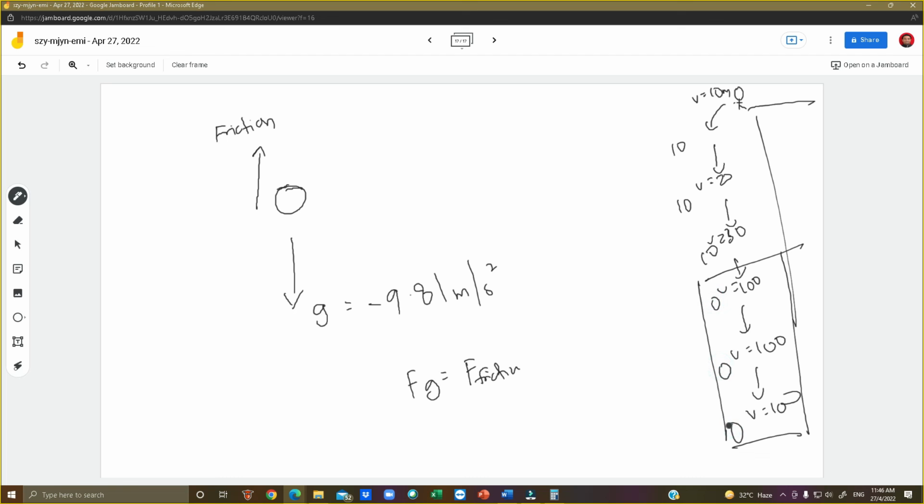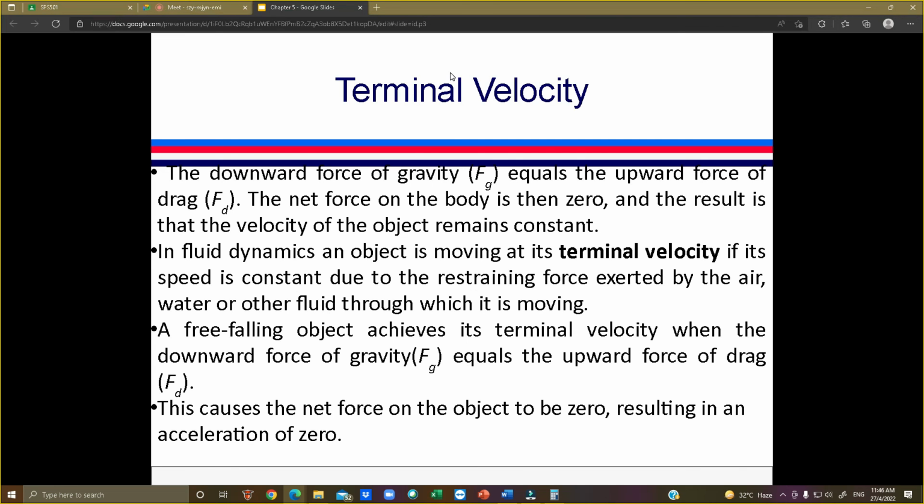Why does it become zero? Because now the action that pulls you downward is similar to the action that pulls you upwards. Meaning there won't be any increment of velocity anymore. This is terminal velocity. Okay. The downward force of gravity is equal with the upward force of drag or friction. So if gravity is 9.81, the drag will always be 9.81 at that particular point.